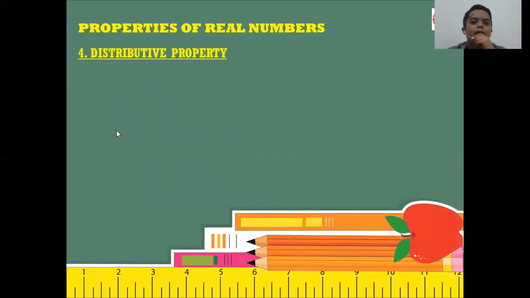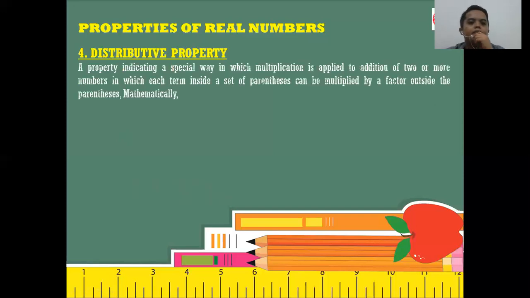So for the fourth property of real numbers, that is the distributive property. It is a property indicating a special way in which multiplication is applied to addition of two or more numbers, in which each term inside a set of parentheses can be multiplied by a factor outside the parentheses.